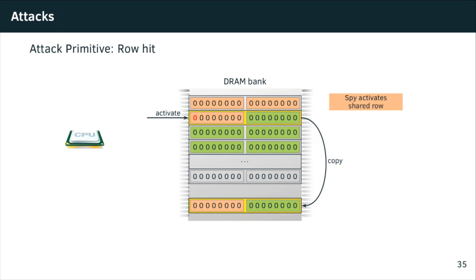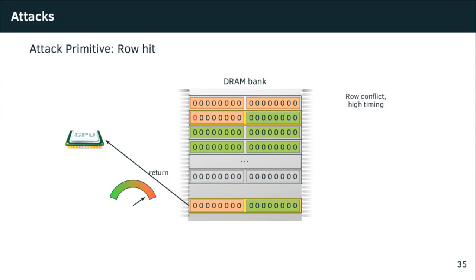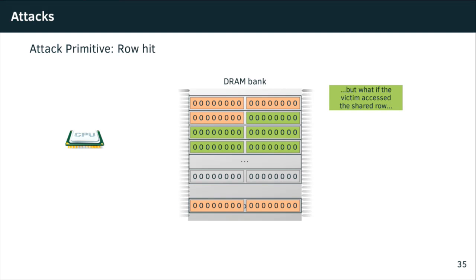And now he activates the shared row that he shares with the victim. This gets copied to the row buffer and returned. And since the spy previously had his own memory in the row buffer from another row, it'll take a long time. He will expect it to be a high timing. You have the row conflict here. However, what if the victim accessed the shared row before the spy activated the shared row?